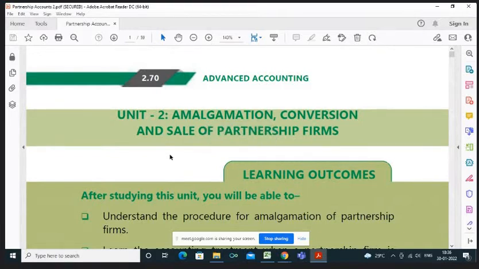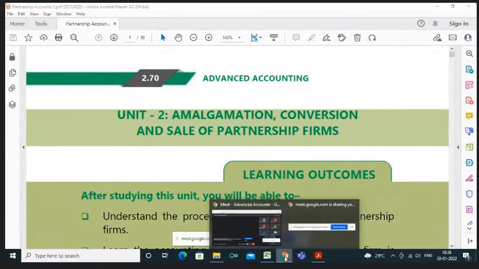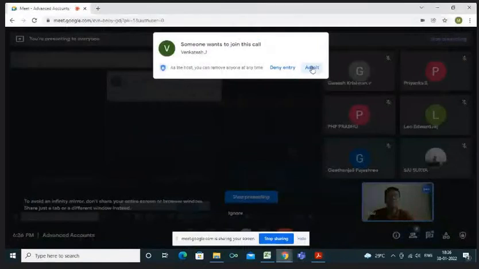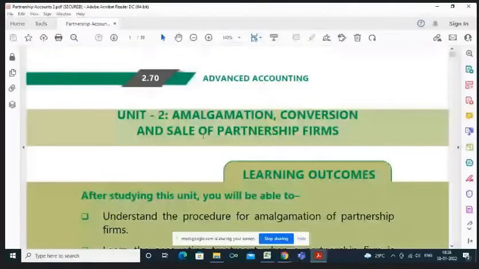That entity can be a partnership firm, a sole proprietorship, or a company. So sale of a partnership can happen to any kind of business entity.